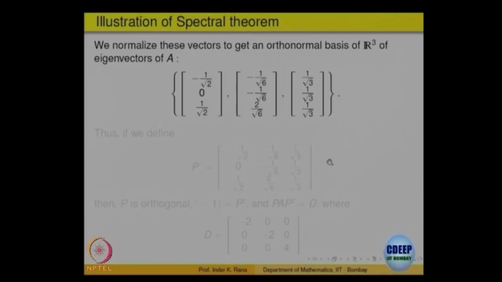So, what is the corresponding matrix that you will get? P is the matrix whose columns are these vectors: first column is the first eigenvector, second column the second eigenvector, third the third eigenvector. The process is the same whether it is an ordinary diagonalizable matrix or a real symmetric one.